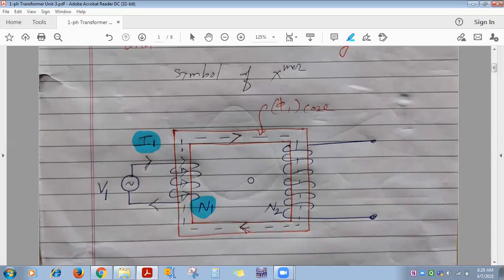Ma'am, in which diagram is it anti-clockwise? One minute. No, it's clockwise. See, on the other side, the secondary, if I start from this end A on the secondary side, then that one is anti-clockwise.